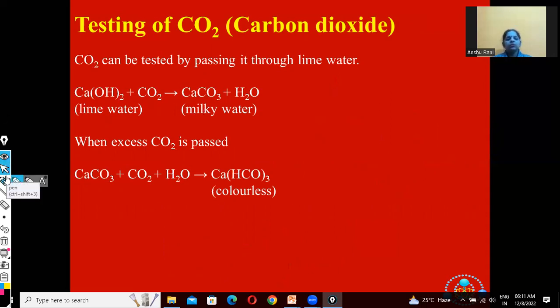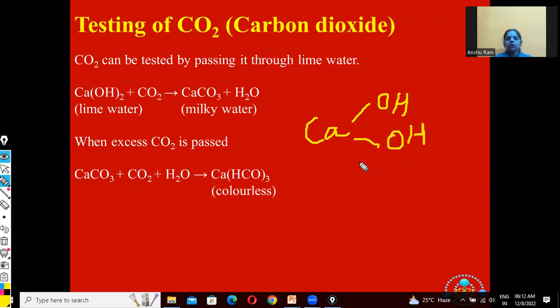When carbon dioxide gas reacts with lime water, it reacts like this: Ca(OH)2 reacts with carbon dioxide and gives you CaCO3 plus water.